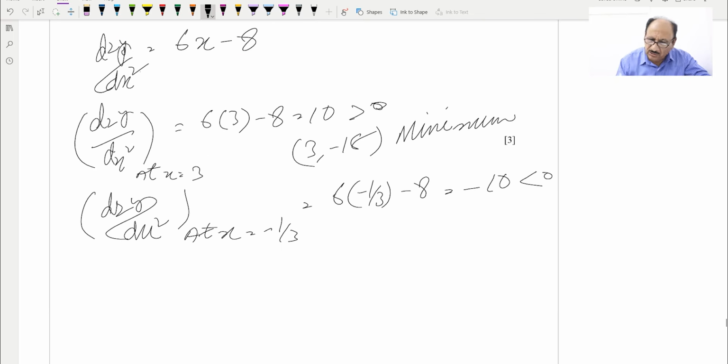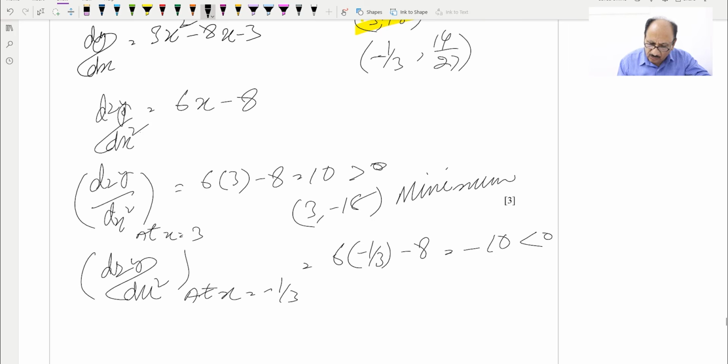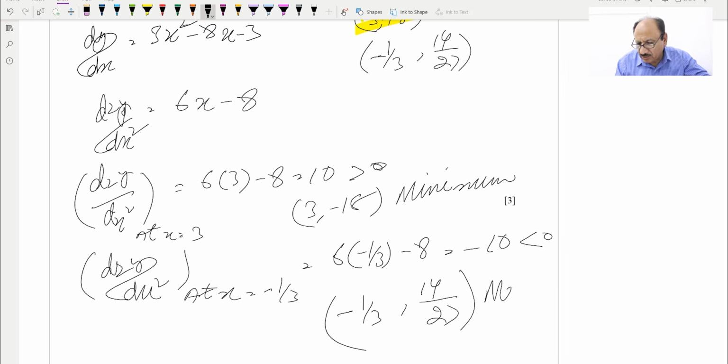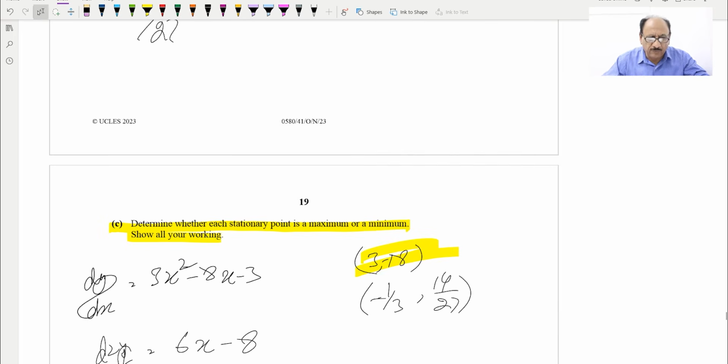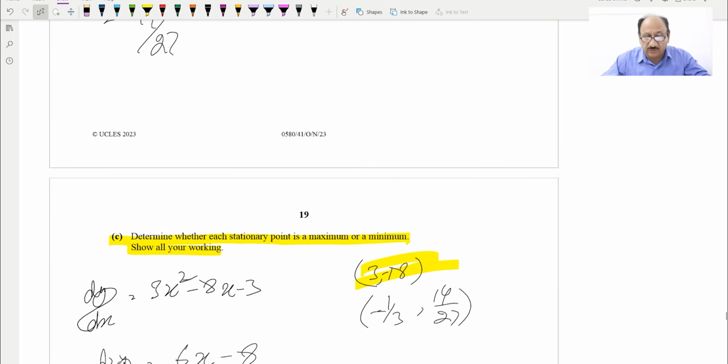Less than 0 means a negative value, which means maximum. So the point (−1/3, 14/27) is a maximum. So we'll write this one as maximum. So this is done. We are done with the paper. Hopefully you understand each and everything.